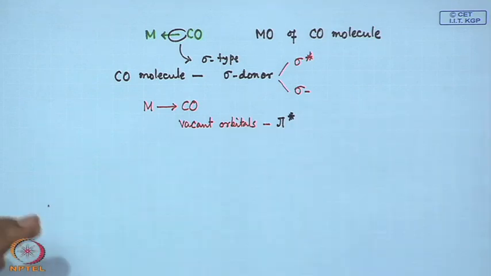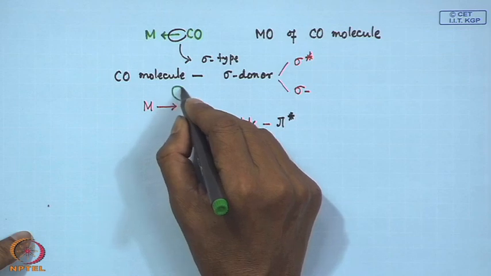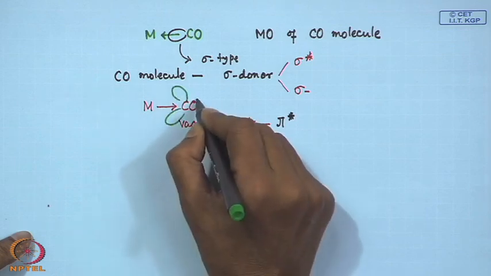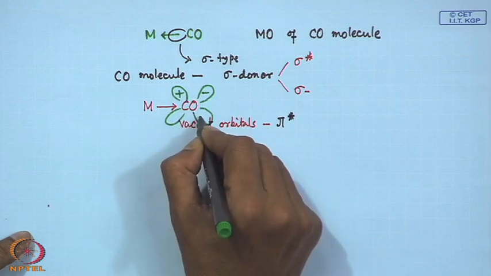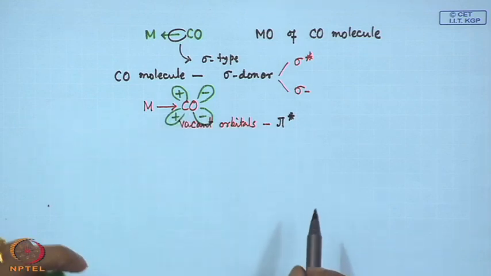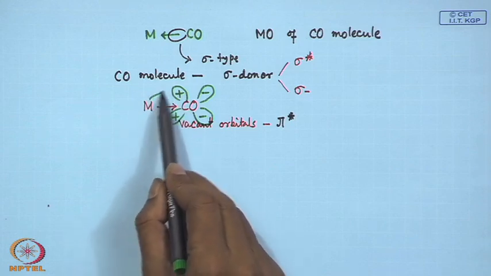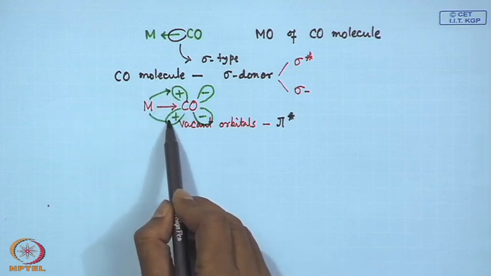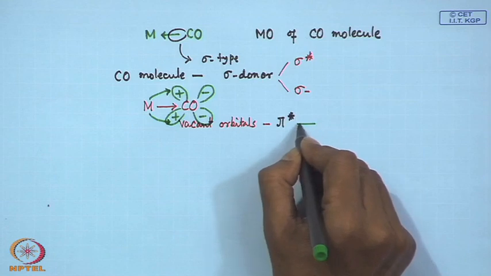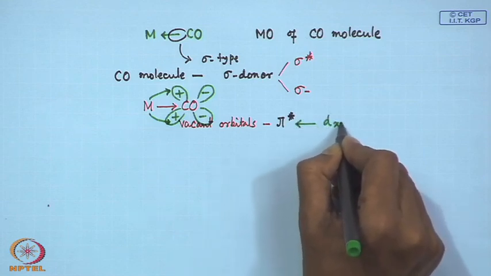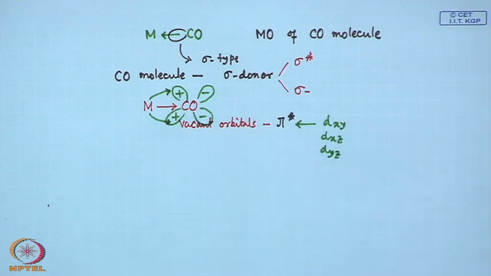What we have seen for the case of the ethylene molecule is that this carbon monoxide molecule can also have the corresponding antibonding orbitals, and if these antibonding orbitals are utilized for acceptance of the electron density from the metal side, the metal will push the electron density from left to right, and then this pi* level can be a good acceptor from metal dxy or metal dxz or metal dyz orbitals.